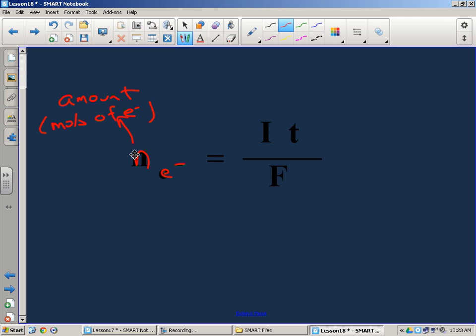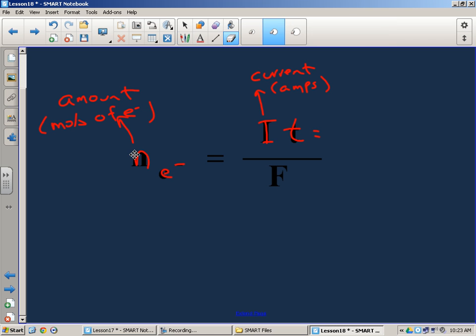You can write that down: moles of electrons is your n_e. I is the current that passes through, measured in amps. T is the time.